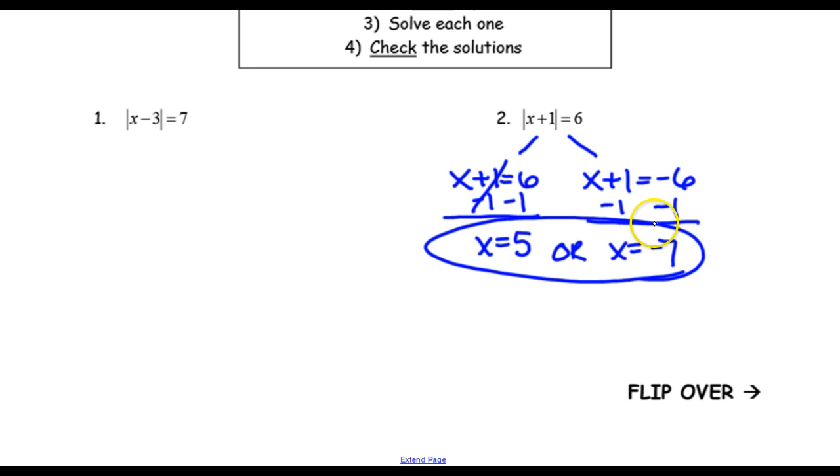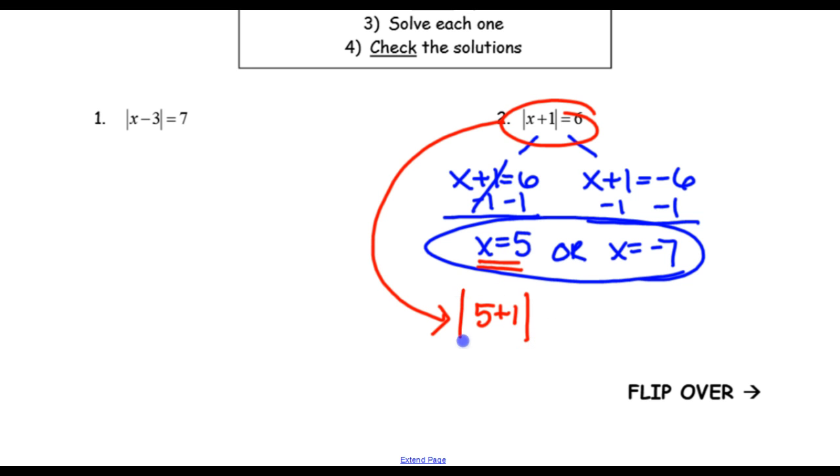Now in the last example, we didn't check our answer, so let's check our answer in this example. I'm going to take the original problem and check the solution 5 first. So really I'm saying, is the absolute value of 5 plus 1 equal to positive 6? Well, the absolute value of 6 is 6.